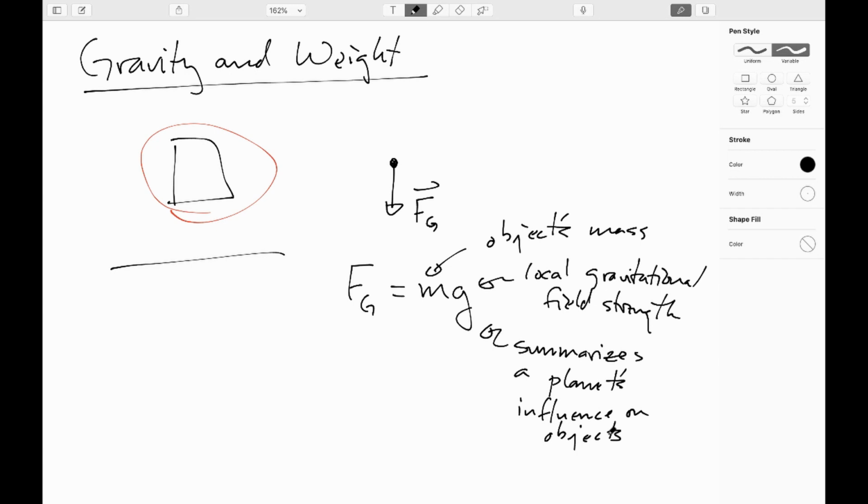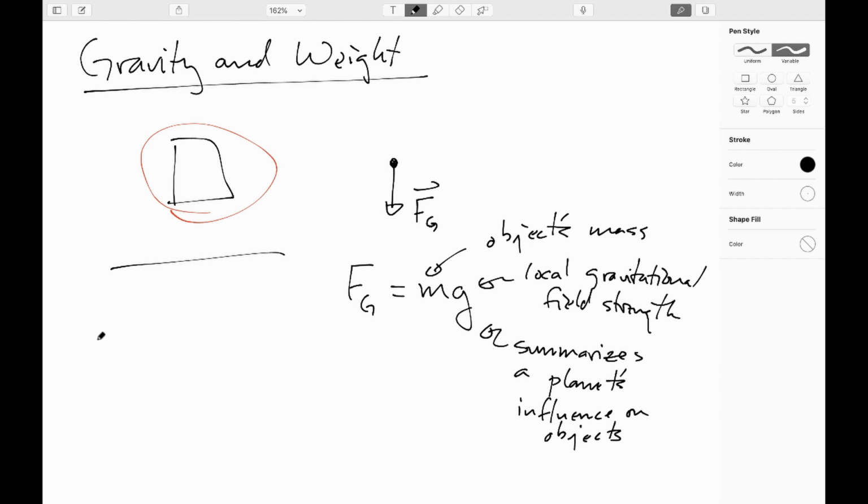When we take a look in a few videos' time at things like orbital motion and stuff like that, we'll have a more fully developed model of gravity, and we will be able to compute this little quantity, little g, anywhere we would like.